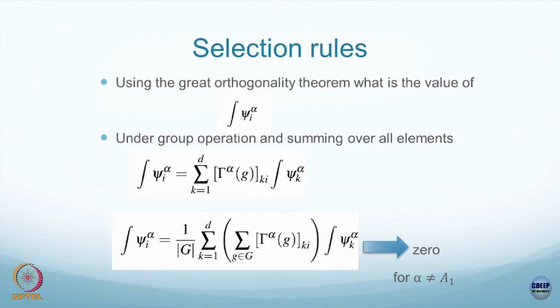And I am saying that this expression is same as multiplying with gamma A1 because gamma A1 does not do anything to it. It is like inserting something just for convenience, but by inserting that I can do this argument of great orthogonality theorem to argue it is 0. Is that clear? Okay. This is also one of your problems which I gave in your exam.